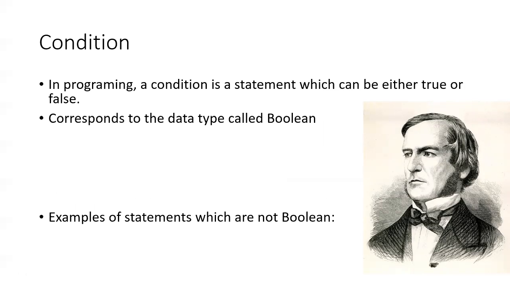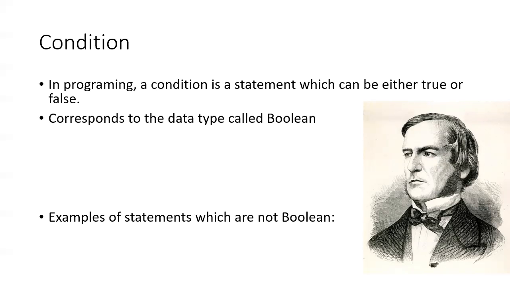Now, we have a special word for it. We call it Boolean, and that's because of this gentleman here whose name was Boole. He was a mathematician, and he described this kind of logic mathematics, which we refer to as Boolean algebra.